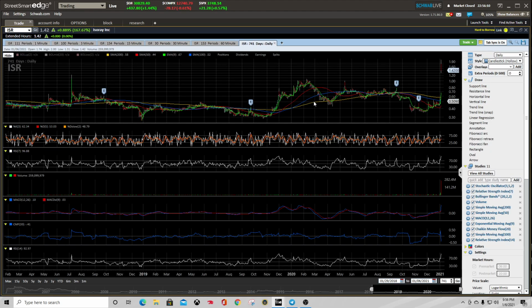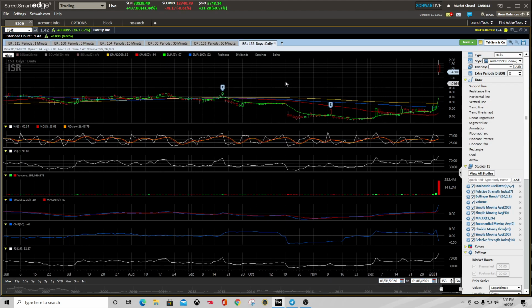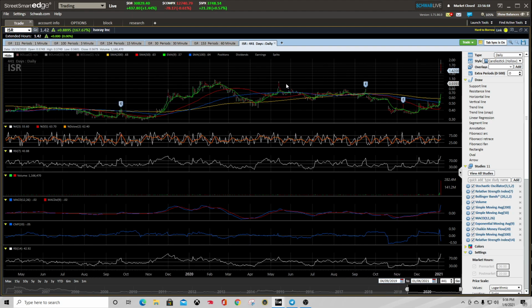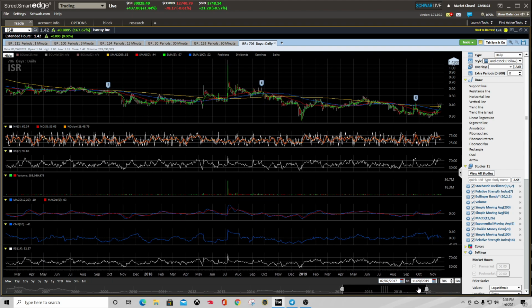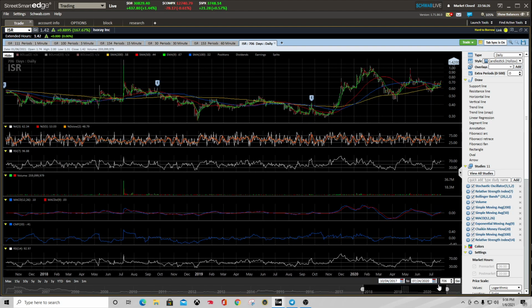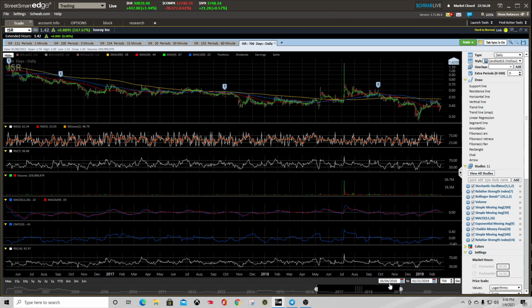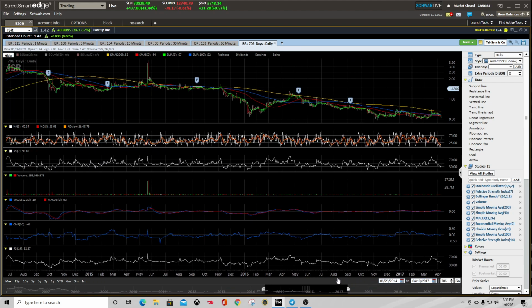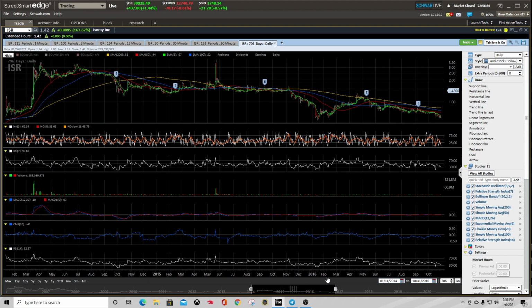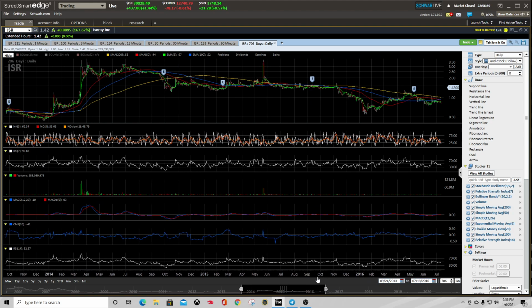If you go to the daily chart, you can see it's not there. I thought this one had a gap. Maybe it didn't.